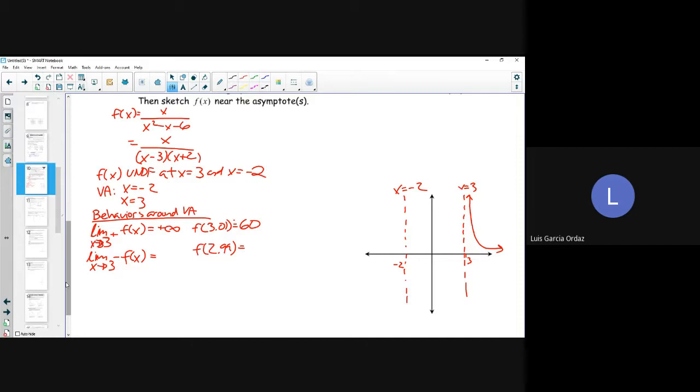It's going to give me about negative 61. Which means that it's safe to say that as I approach 3 from the left, my y values are going to be closer to negative infinity because they are going down.